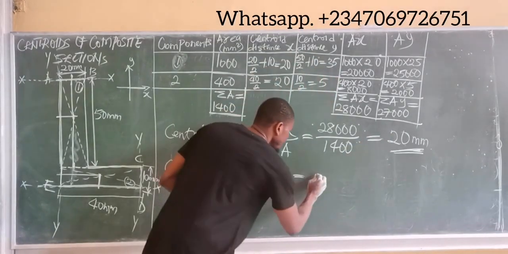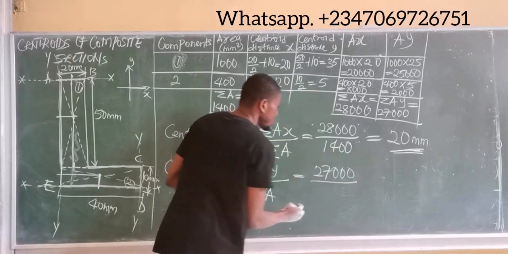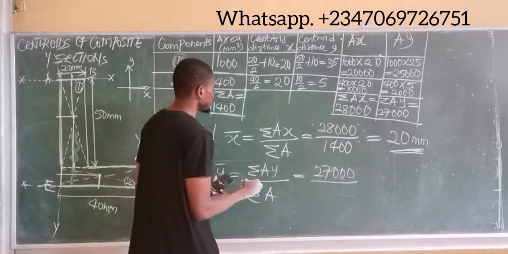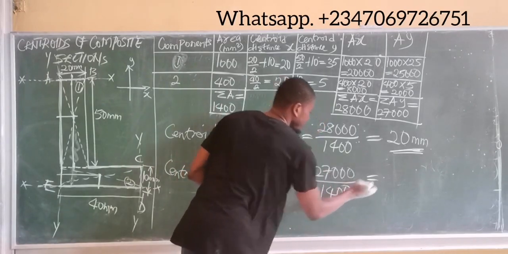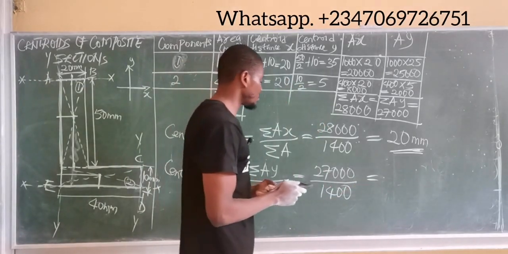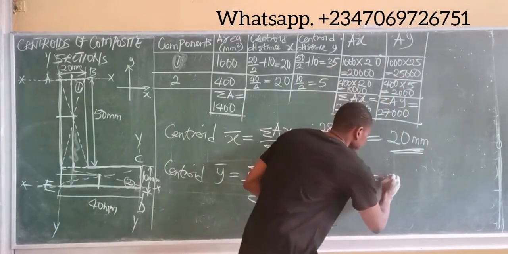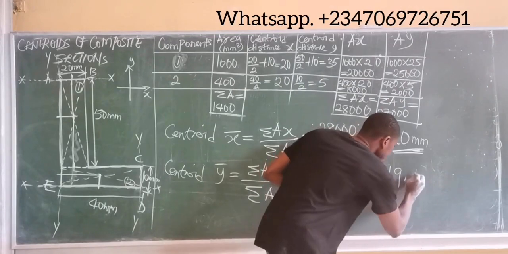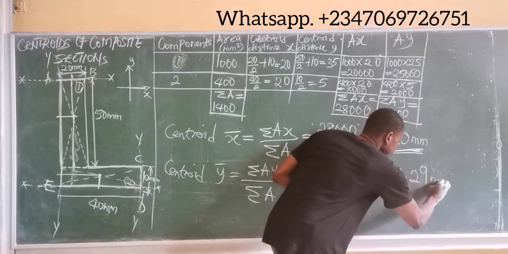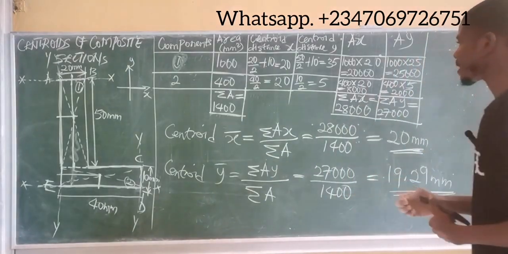So we have 27,000 divided by summation of area, which is 1,400. That simply gives us 19.29 millimeter. So this becomes the centroid in the y-axis.